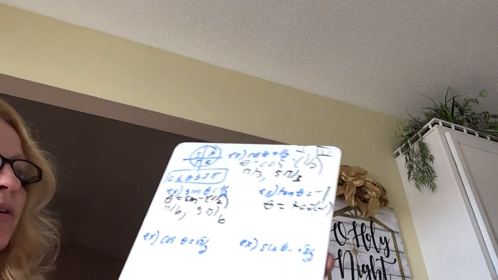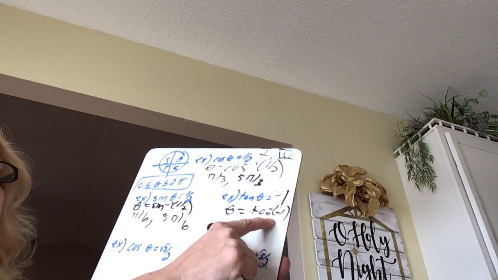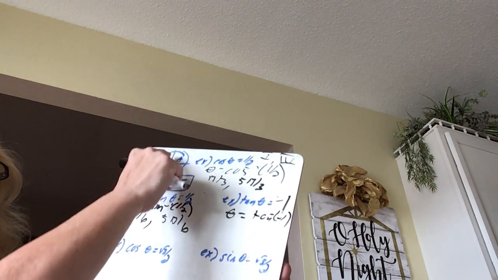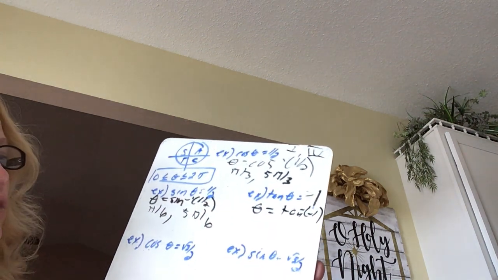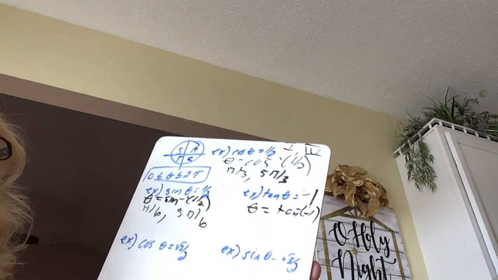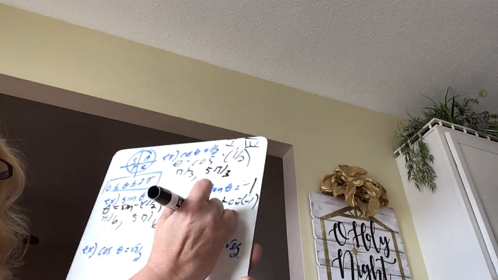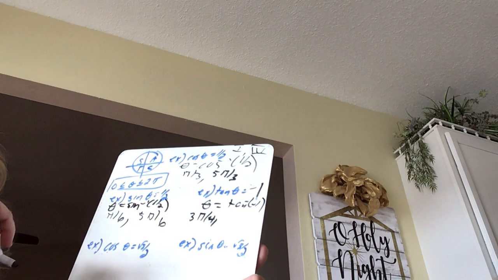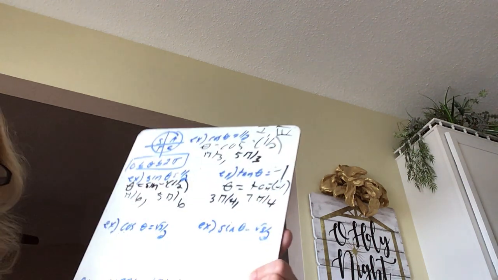That is 45 degrees. However, where is tangent negative? It's negative in quadrants 2 and 4. So what angles in quadrants 2 and 4 use 45 as a reference? Well, that would be 135, which is 3 pi over 4, and that would be 315, which is 7 pi over 4.